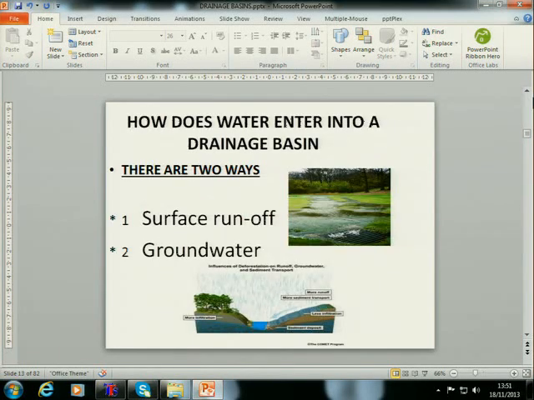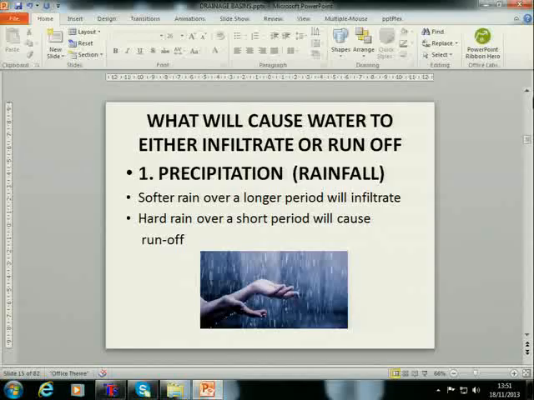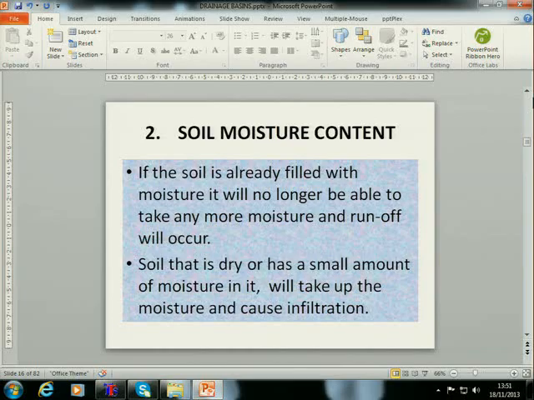And then remember how water gets to the surface and why it infiltrates rather. The factors that will cause the water either to infiltrate or run off. Remember that is precipitation, the kind of rainfall that you get. The soil moisture content: is it already filled with water or not? If it is, it will start running off.